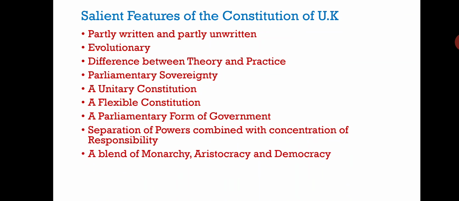A blend of monarchy, aristocracy, and democracy. The British Constitution has harmoniously blended within itself the three somewhat incongruous features of monarchy, aristocracy, and democracy. The British king represents the monarchy, which rests on the hereditary principle. The House of Lords is aristocratic, representing the lords and nobles of the land.